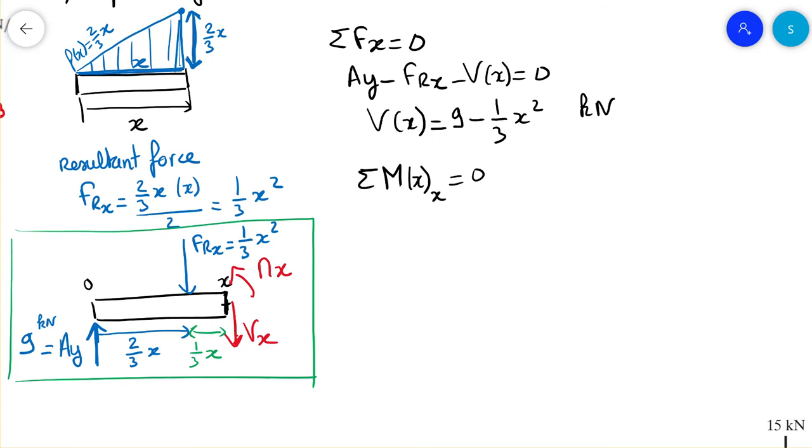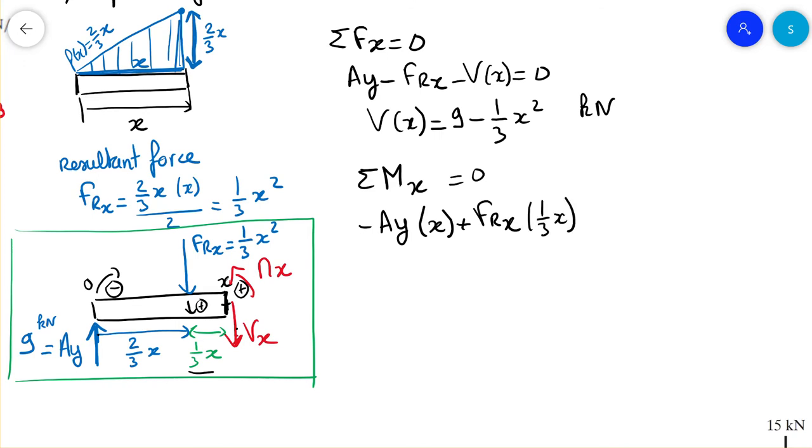Ay is rotating in the negative direction, so minus Ay times the total distance between Ay and Vx, that is x. And Frx is rotating in the positive direction, so plus Frx times the distance, that is 1/3 of x, and this Mx is rotating in the positive direction. So plus M of x is equal to 0.